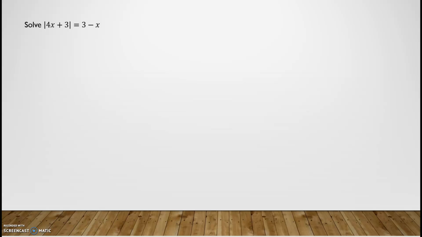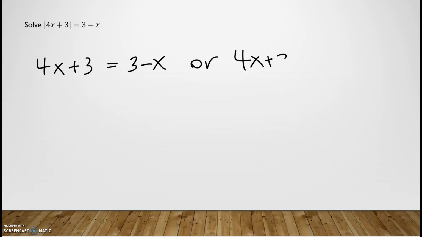So let's look at this one. Okay, the absolute value is already on one side. So I'm going to go ahead and do 4x plus 3 is equal to 3 minus x, or 4x plus 3 is equal to the negative version of the entire thing. So be careful with that.